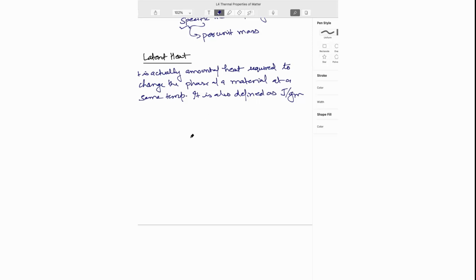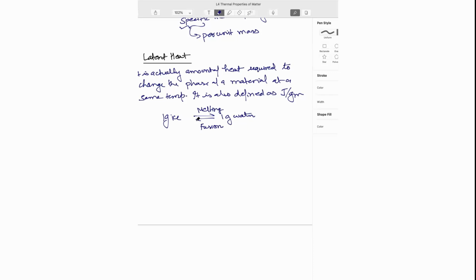So it's like you need to convert 1 gram of ice to 1 gram of water. Going from 1 gram of ice to 1 gram of water is melting, and going from 1 gram of water to 1 gram of ice is fusion.